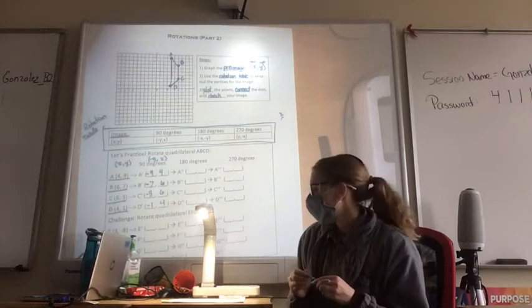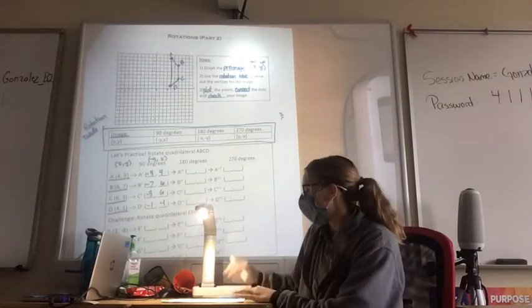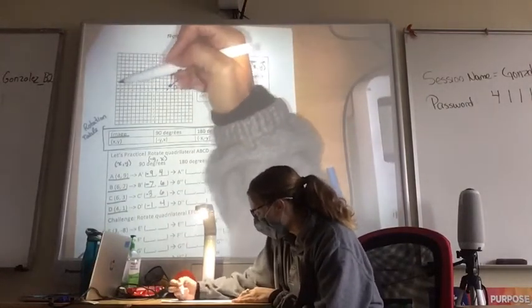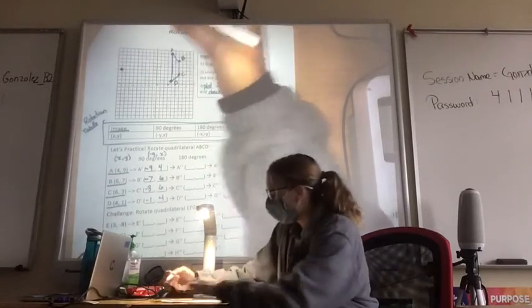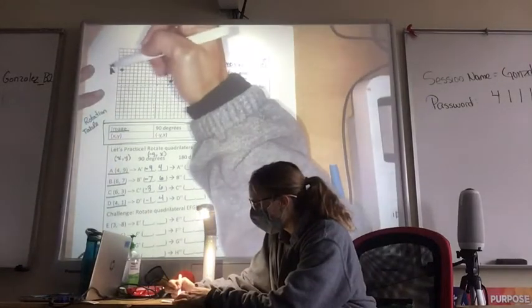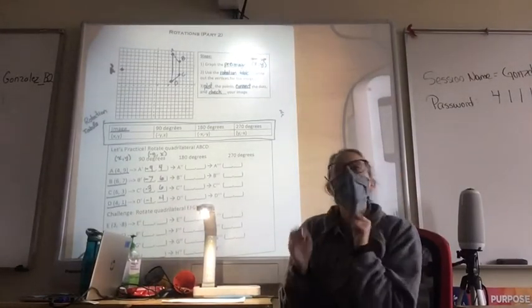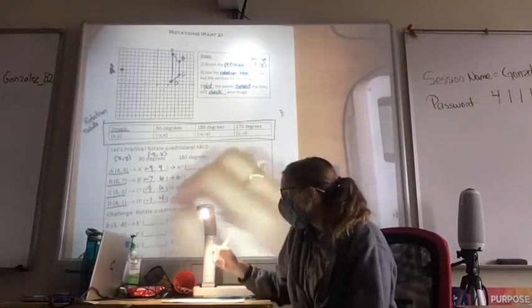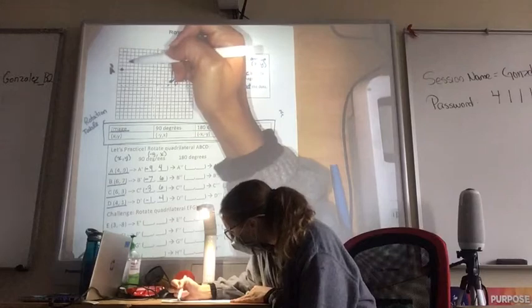And now we're going to graph these. So A prime is at negative 9, 4. So we go left 9 and up 4. Boom. Label it A prime. You do need to label it as A prime. The little apostrophe means prime. B prime is at negative 7, 6.